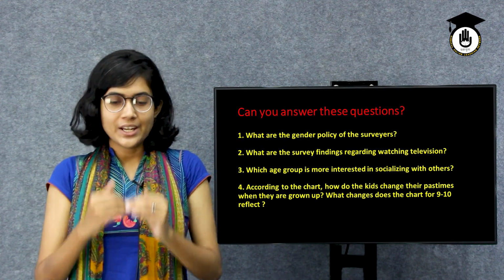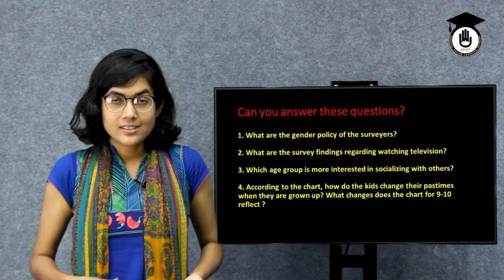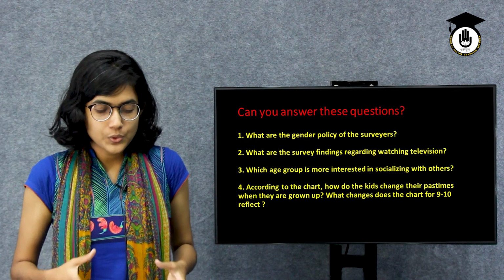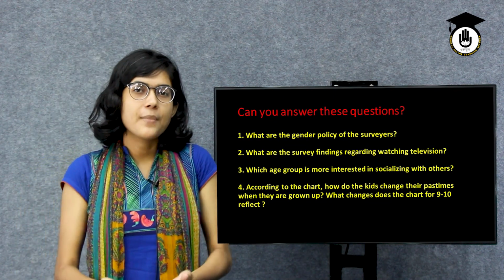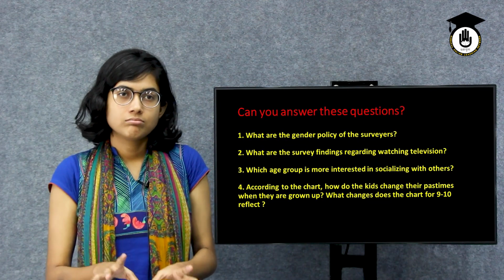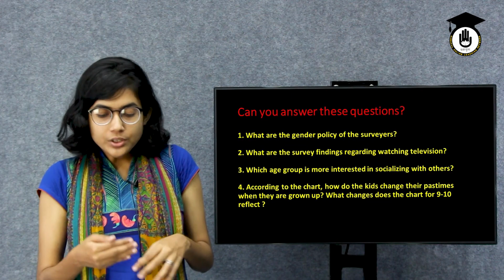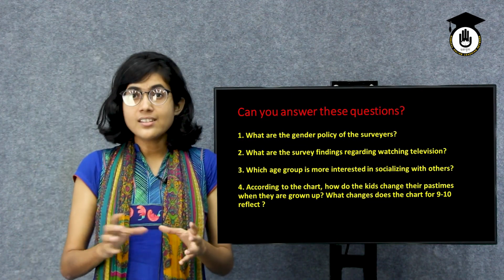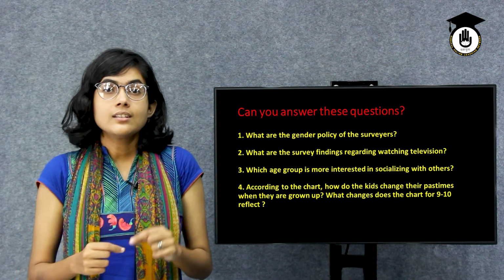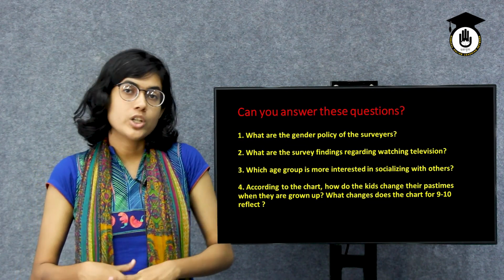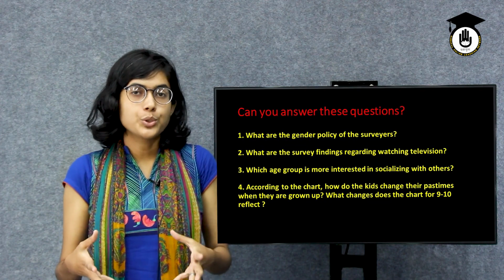Also, at the very end of the article, we have seen that the chart shows as the kids grow up, they lose their passion for computer games. They really don't enjoy much those device activities. And also, according to the chart, the ratio declines at a very high rate. Finally, the thing that has been pointed out is that watching television is very popular among both of the age groups.